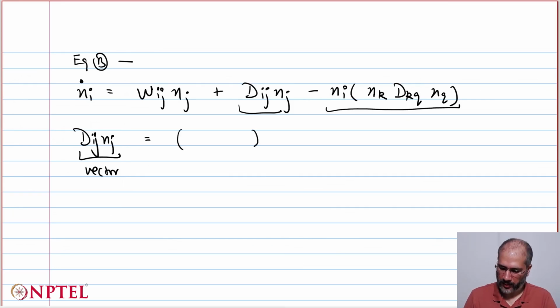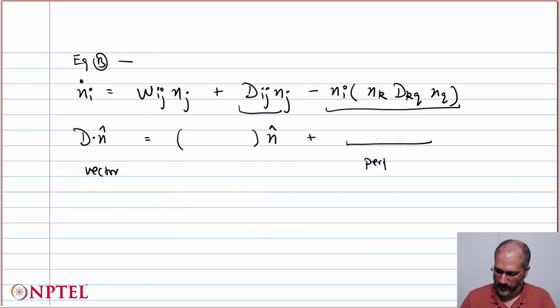So I write a component along n hat. Well, let's use the symbolic notation. So I call this (d·n)·n. And then you have a component which is perpendicular to n hat. So this is along n hat.